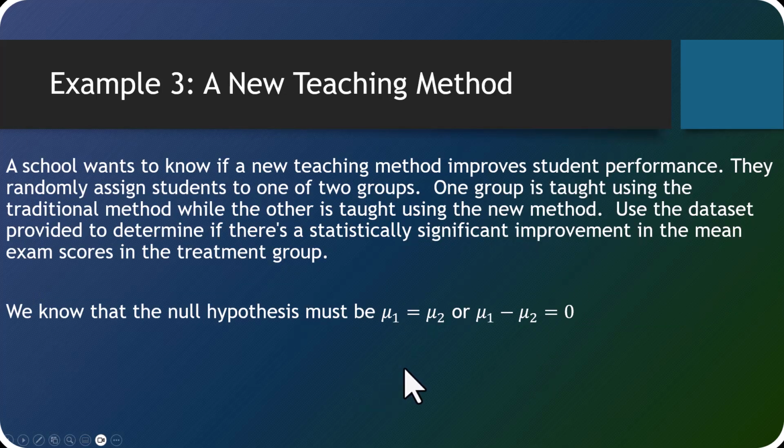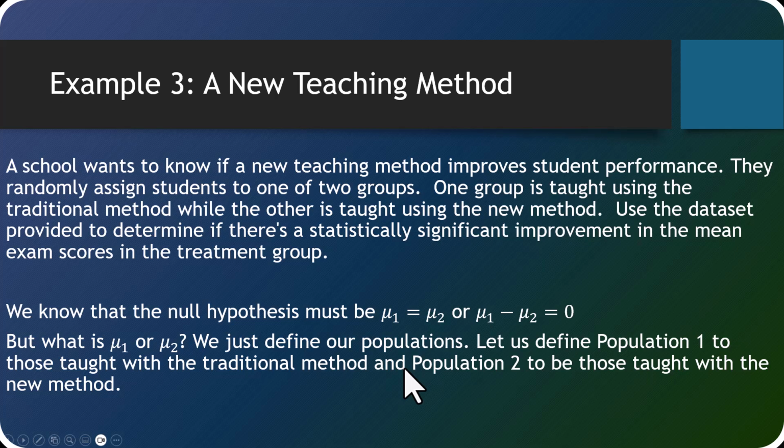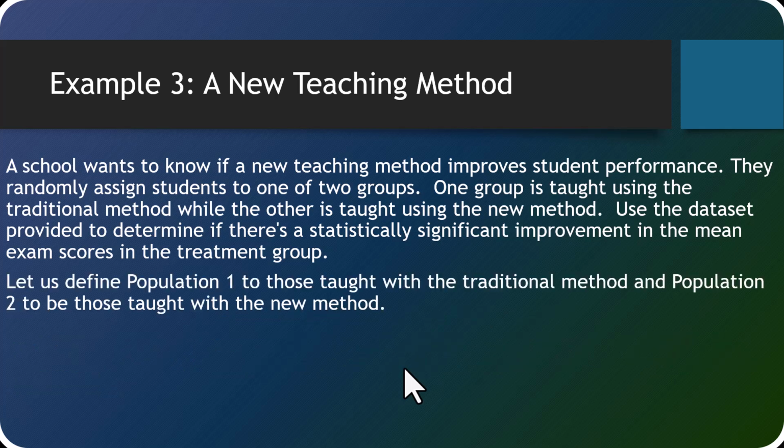Now we have to do our alternative hypothesis, but remember we can't do that until we define our populations. Mu1 is the average of which population? Mu2 is the average of which population? Let's say that population 1 is the students with the traditional method and population 2 is the new method.